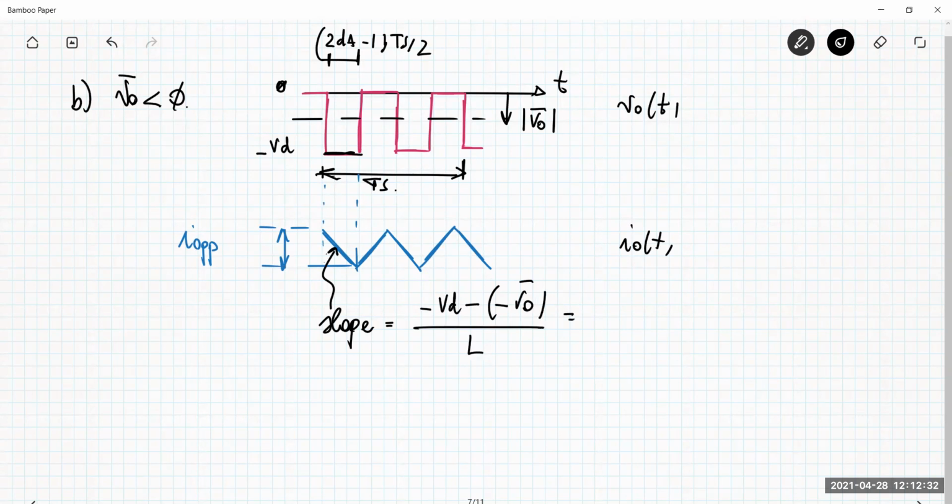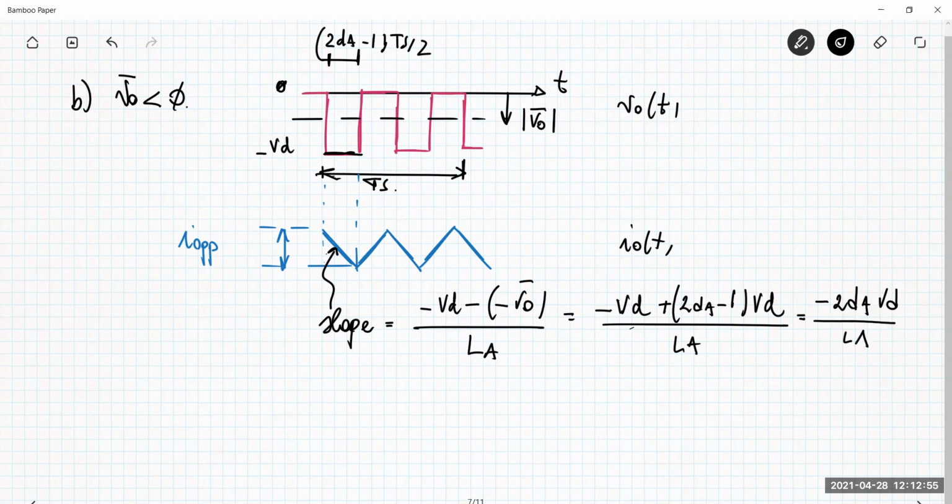So this is minus Vd plus 2 times (2 dA minus 1) Vd. This is negative 2 times (1 minus dA) Vd over LA. As you can see now, the slope is negative, okay, when you have, say, negative voltage.